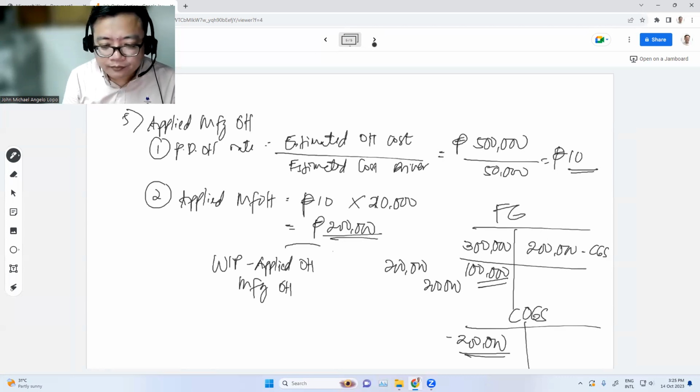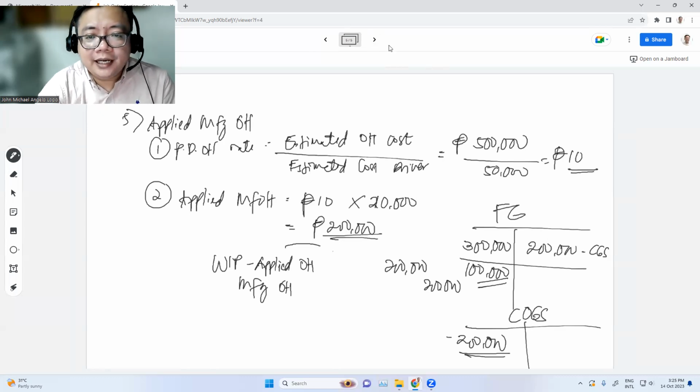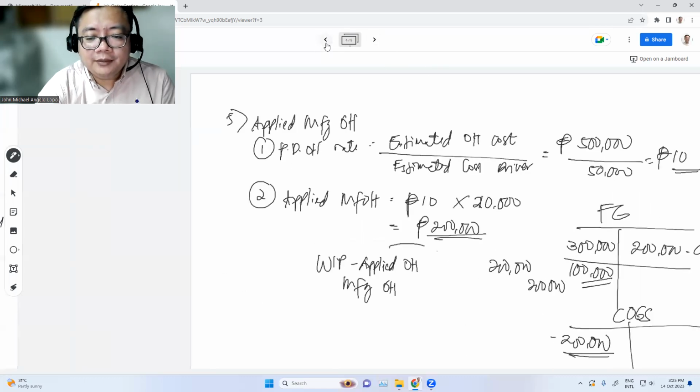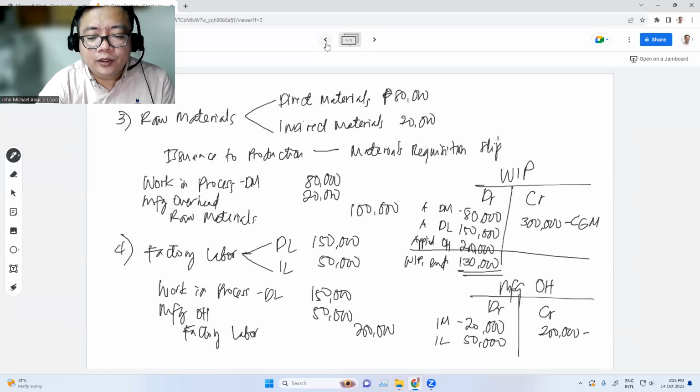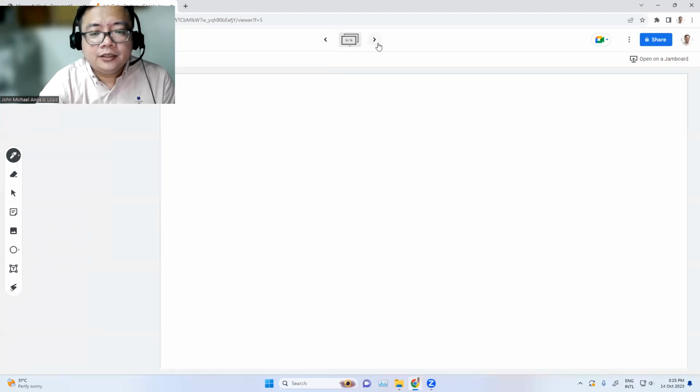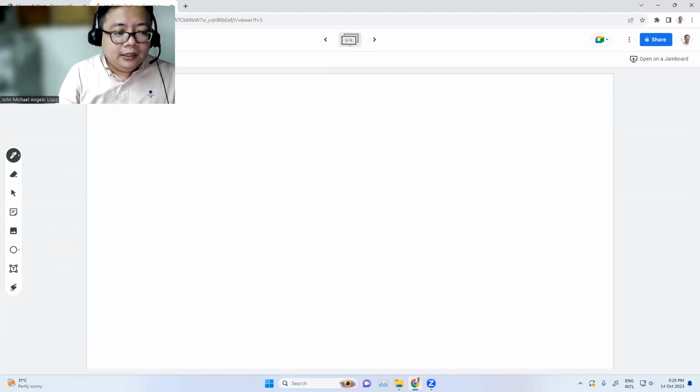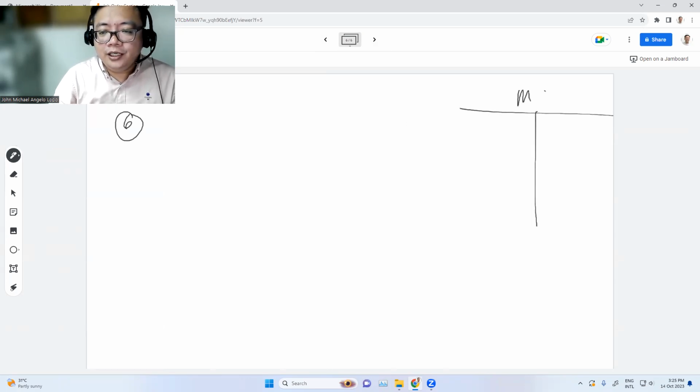Okay. Sige. Number 6 tayo. O, di ba, class, puna tayo sa ating manufacturing overhead. Number 6. Okay, ano nga yung class? You have your manufacturing overhead: indirect materials, indirect labor, and this one is applied, no?